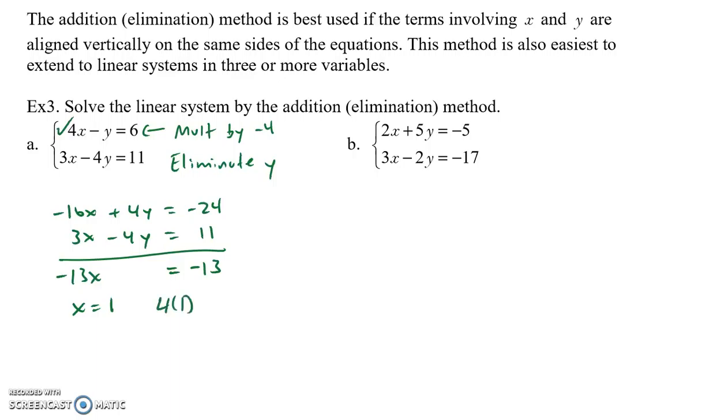So if I replace x with 1 and solve for y, then I'll have my y-coordinate. 4 minus y equals 6, subtracting 4, minus y equals 2, dividing by negative 1, y equals negative 2. So here again, there's just one solution. That solution would be x equals 1, y equals negative 2 as an ordered pair.